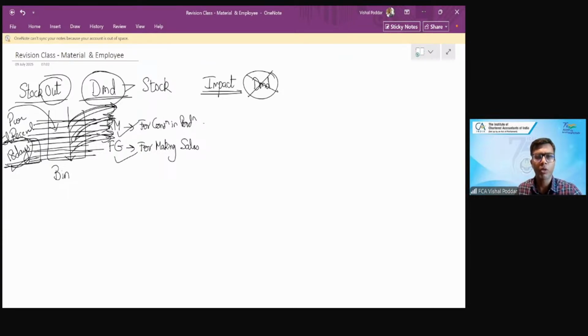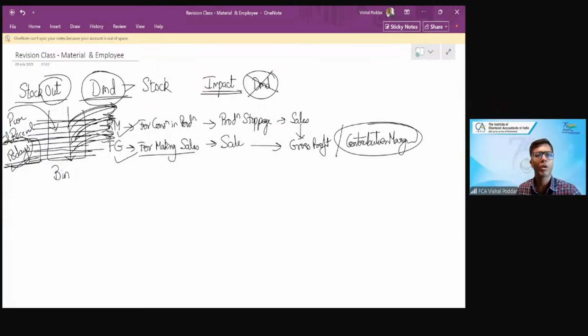If you are not able to deliver your raw material, it is affecting production and eventually affecting sales. If you're not able to deliver your finished goods, it is directly affecting sales. And when sales are affected, it is directly affecting your GP. However, in costing, instead of GP, what we refer to is contribution margin, which you have studied in marginal costing.